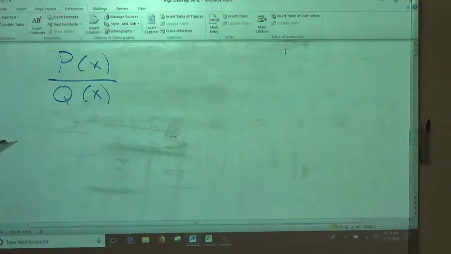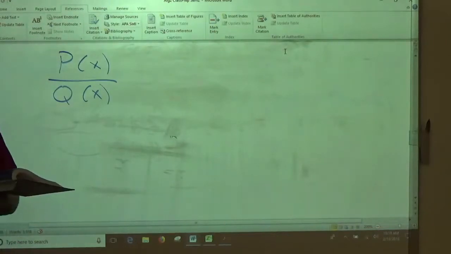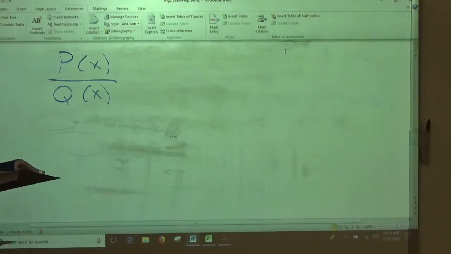P of x divided by q of x is the same as using f, a function. They talk about one function that they're calling p and a different function that they're calling q, and they are set up like a fraction. That's all that means. It's not something else that you need, right? But that's how they're determining. So whenever you see f of x, it's talking about a function where the changing variable is x.